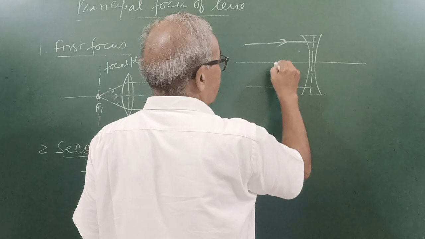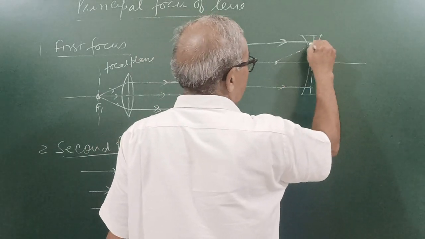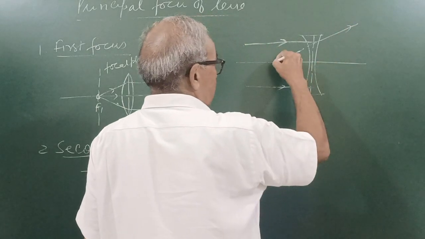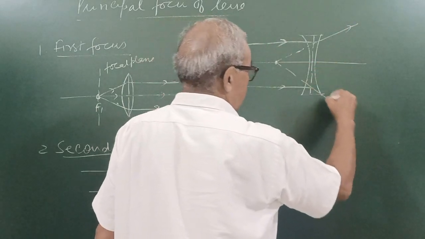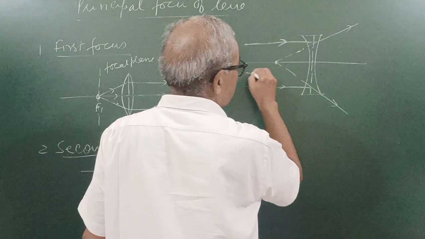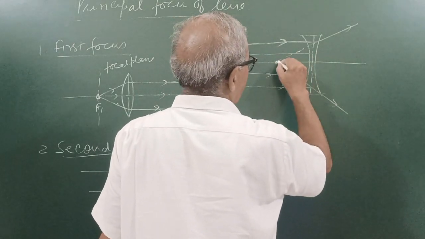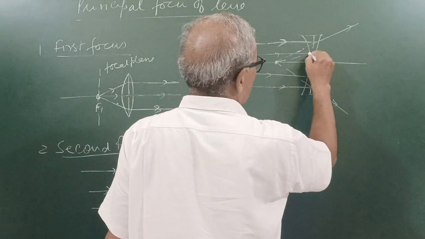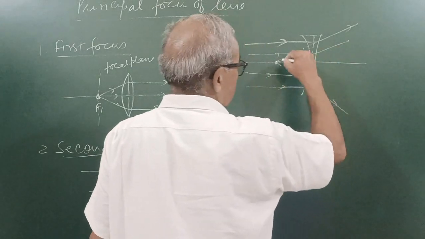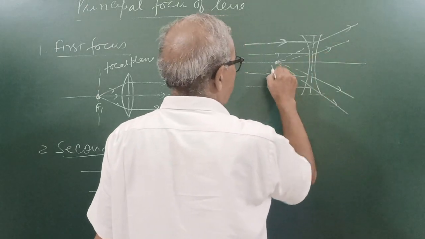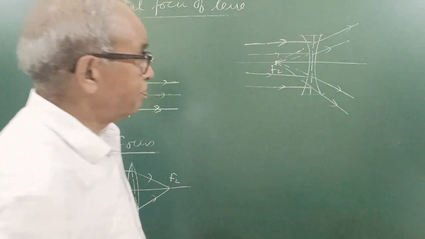First you mark the point, join this line here while drawing the diagram. Simple technique. Join this and then diverge. However many rays there are, if they are all parallel, they will appear to diverge from the focus. This point on the principal axis is called the second focus.